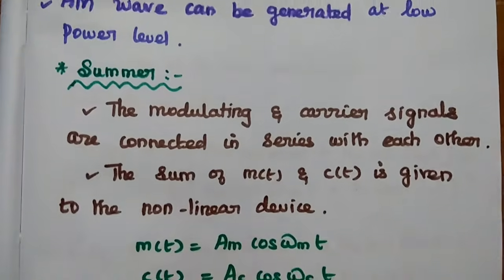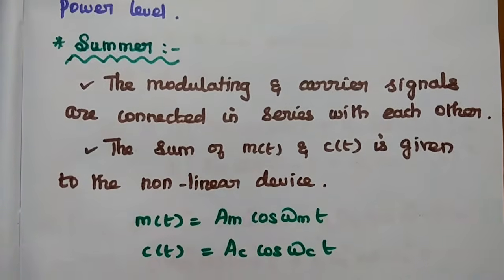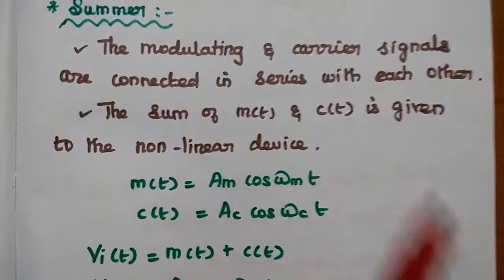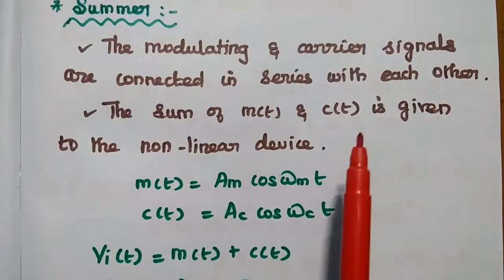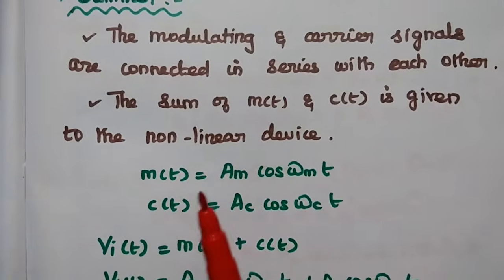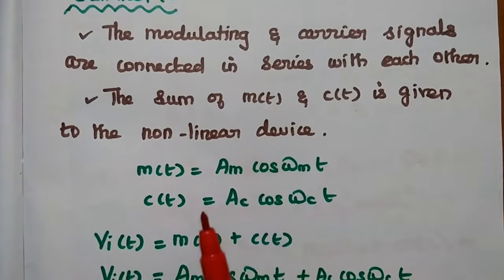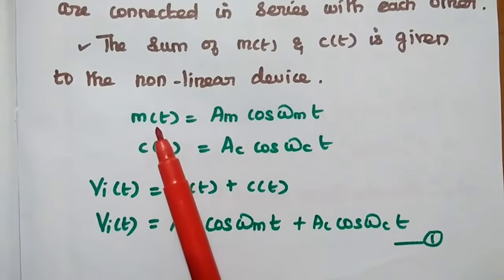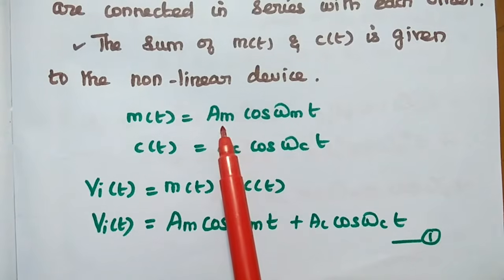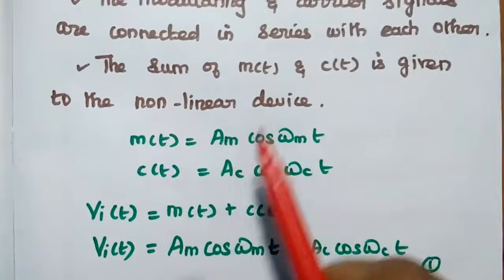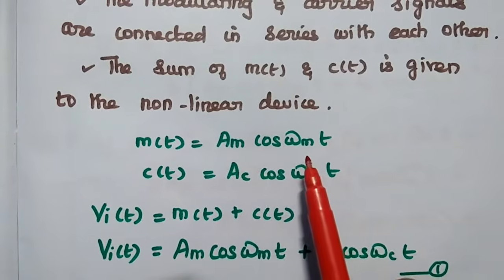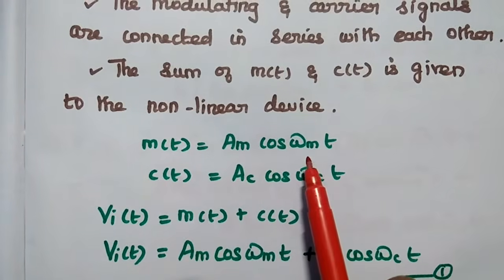The first section is the summer. The modulating and carrier signal are connected in series with each other, and the sum of m of t and c of t is given to the nonlinear device as the input. As we know, m of t, the modulating signal or message signal, is equal to Am cos omega m t. Am means the amplitude of the modulating signal, omega m means the angular frequency of the modulating signal.